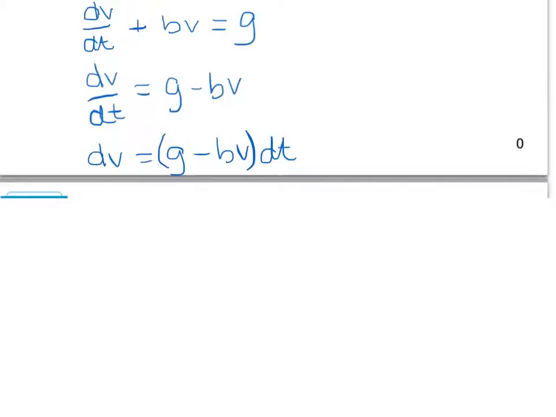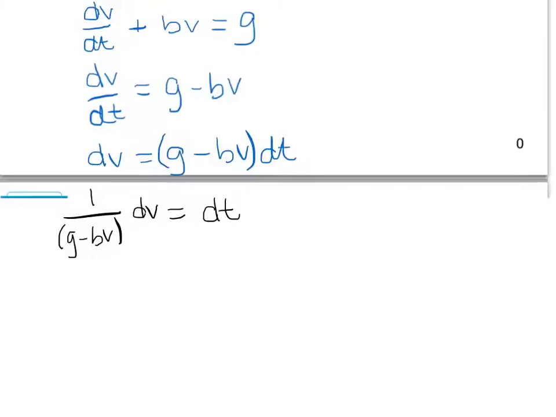Now, because this g minus bv term has no t's in it, but it has v terms in it, for separation of variables I need to get that over on the other side with my dv term. So I divide both sides, and I end up with 1 divided by g minus bv times dv is equal to dt.